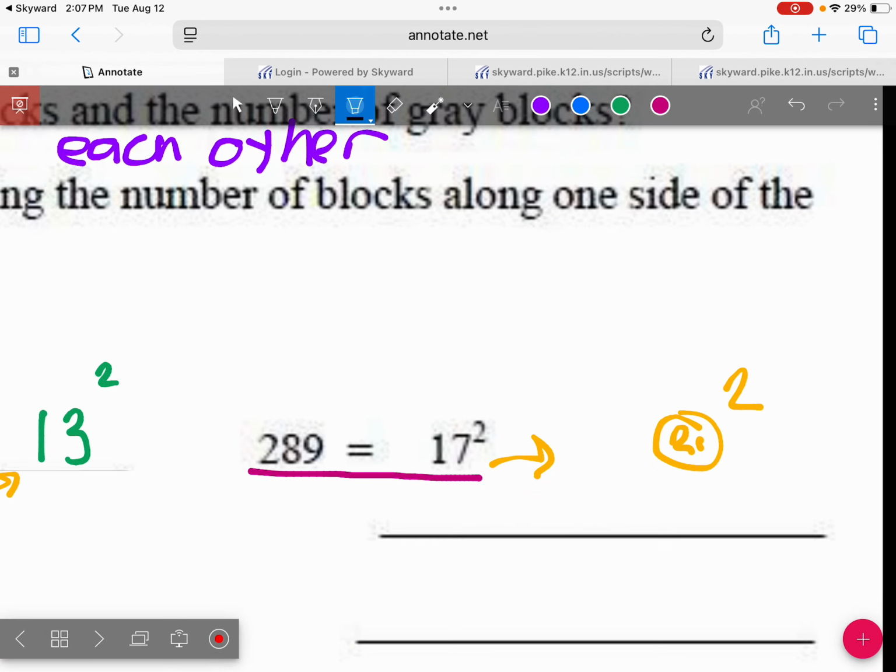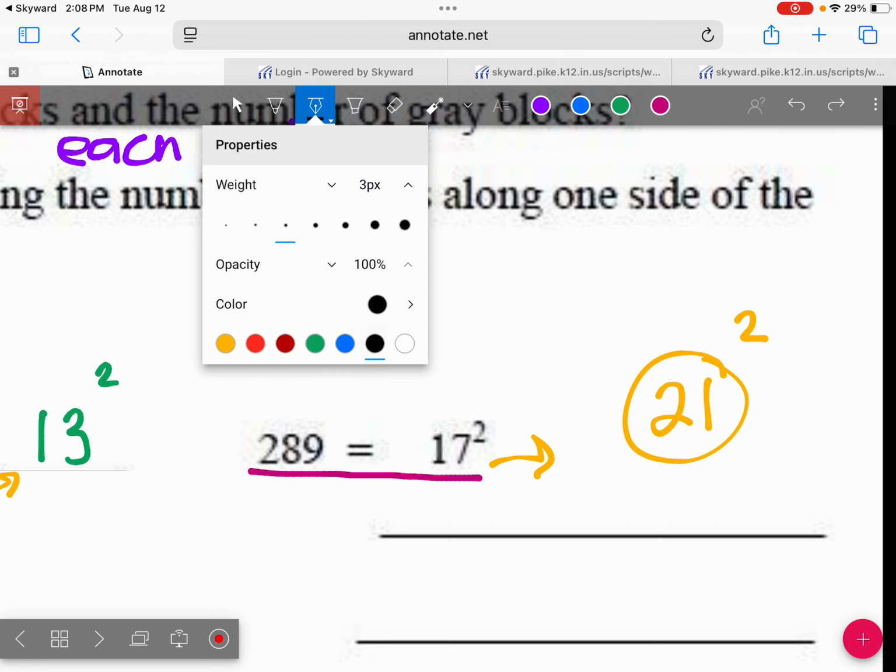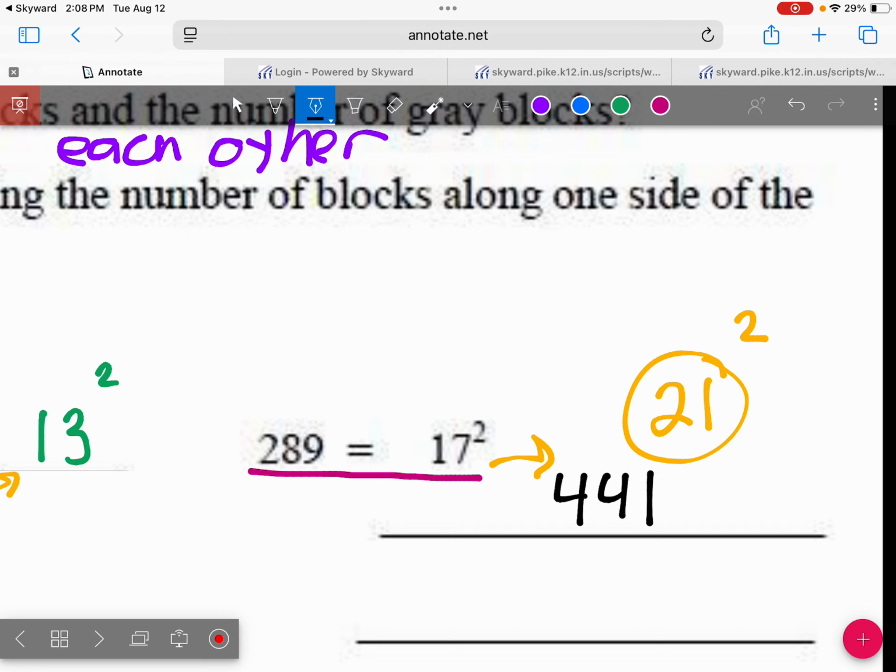That is impossible to read. Hold on, I'm gonna rewrite that. So we would have our 21 that we needed to square to get our total number of squares. And 21 squared, you can type it in a calculator. We should get, with a different color than yellow, 441 squares.